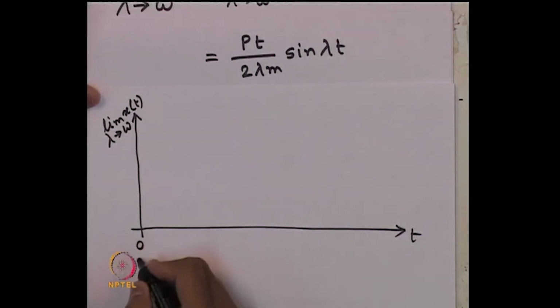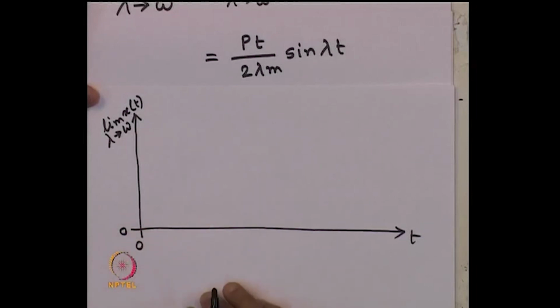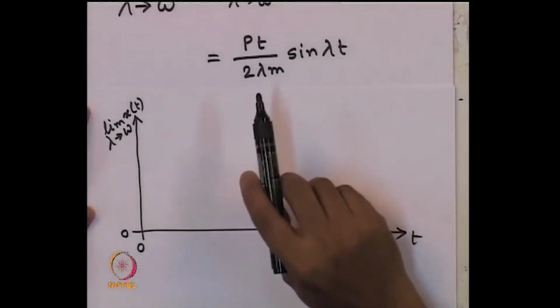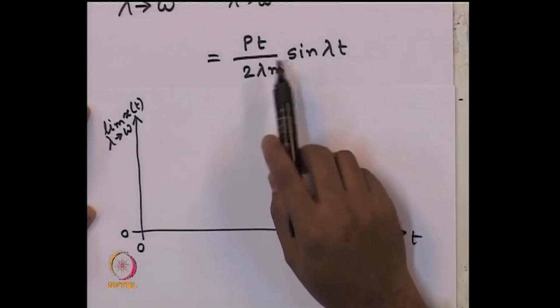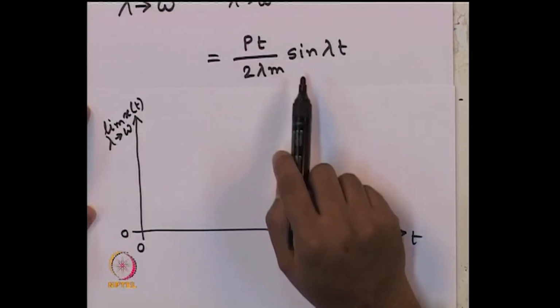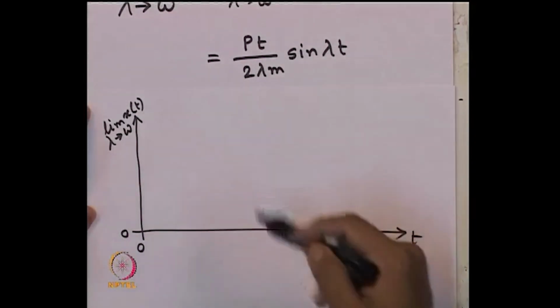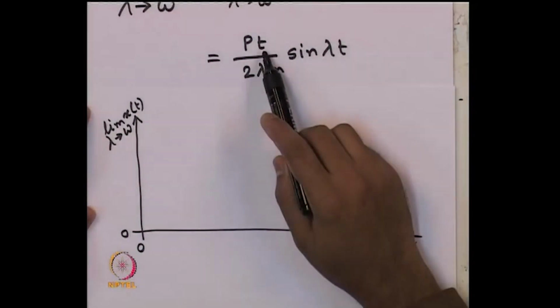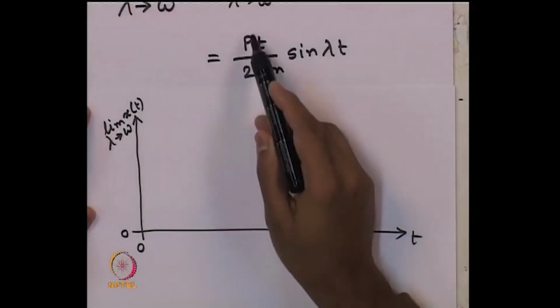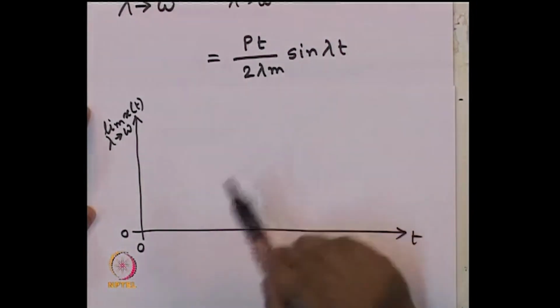What happens when t is 0? It starts from 0, and how can we draw this equation easily? You remember, when there are two functions and one is a multiplication of the other, the sine function is a harmonic function and the t function is a linearly increasing function with a slope of p by 2 lambda m.